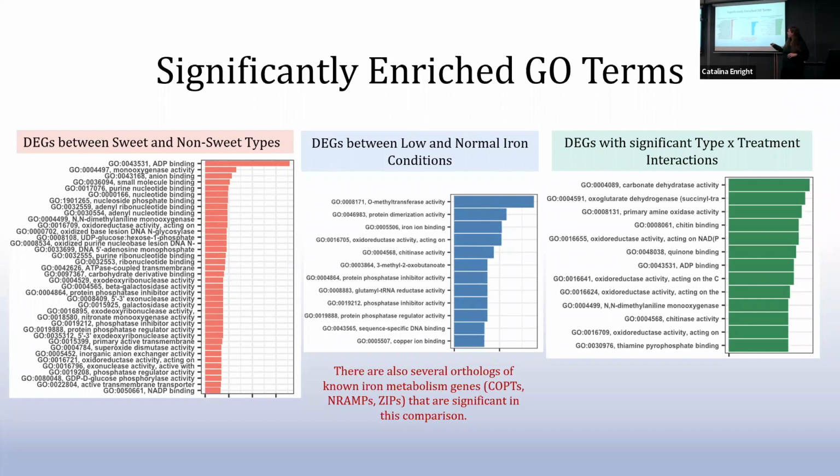That's what's really going on in here. Similarly, over here, when you look at the things with significant interactions, it's more likely to overlap with the categories for your differences between types. Although there are a few things where you've got known iron transport genes and they actually respond differently in the types.